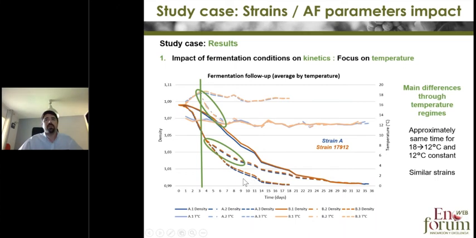What you see as well is that the fermentation at 12 degrees C and the fermentation at 18 then 12 degrees C approximately finished at the same time.